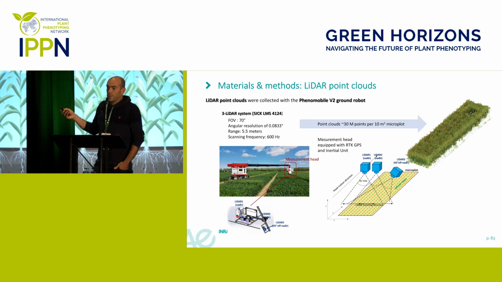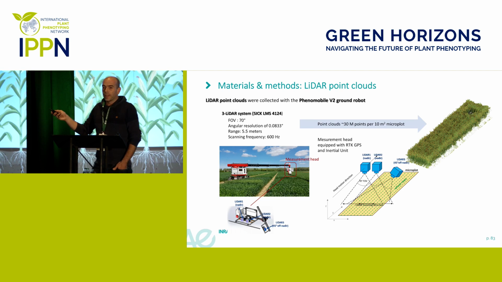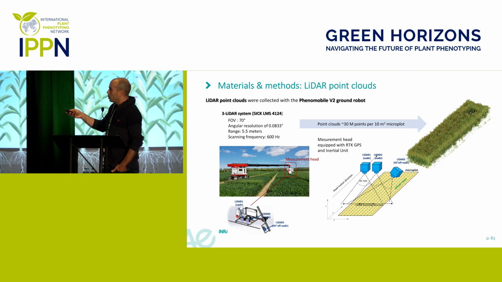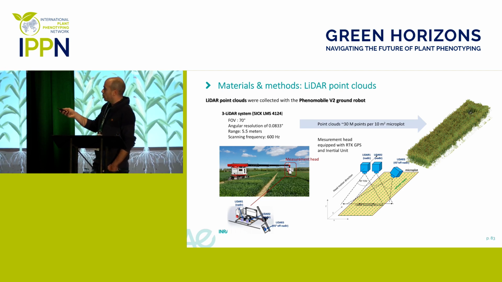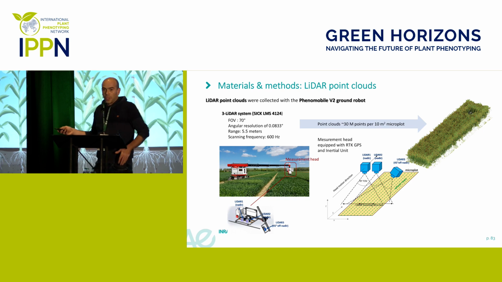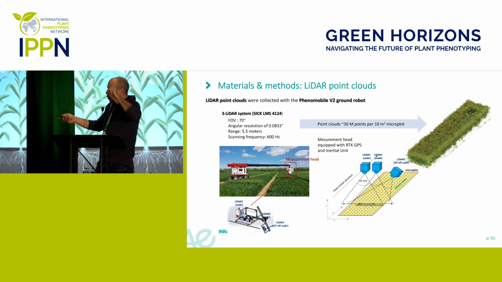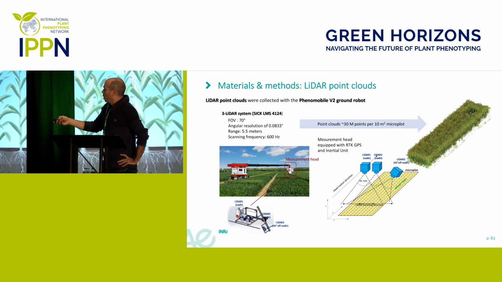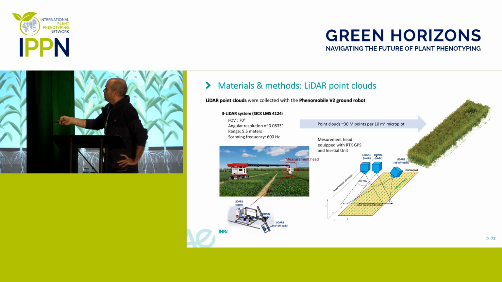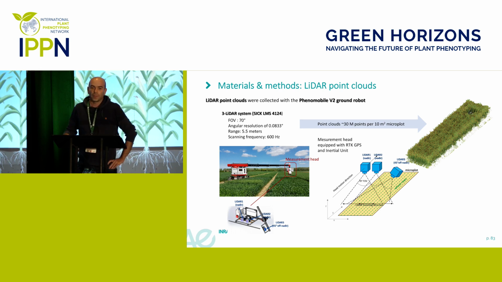In these phenotyping platforms, we have the Phenomobile ground robots, and with it we acquired the LiDAR point clouds. Basically, the Phenomobile has a system of 3 LiDARs. 2 of them are looking downwards, nadir, and a third one is looking at 45 degrees.